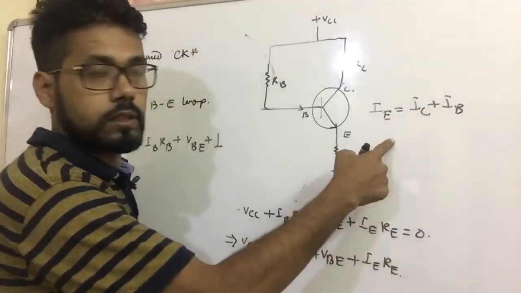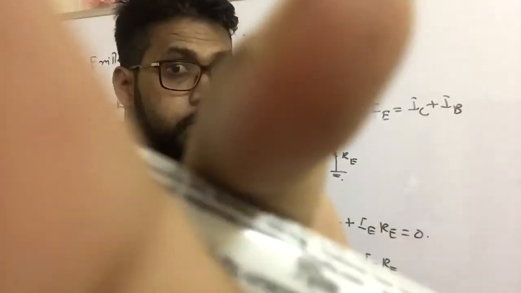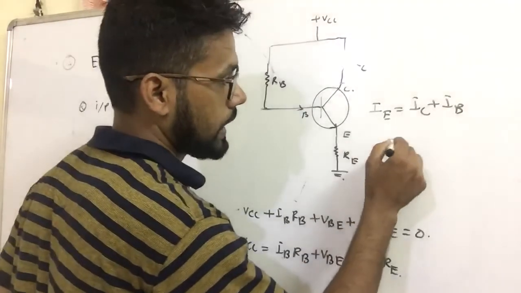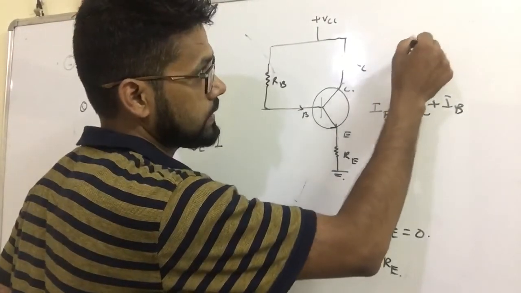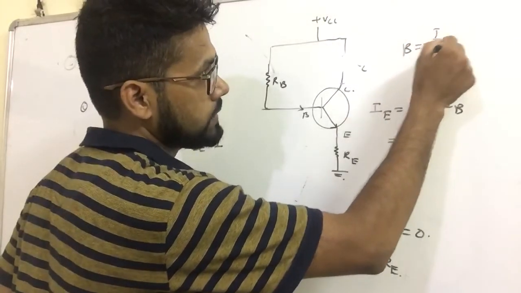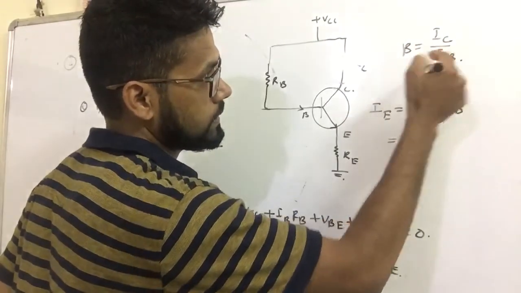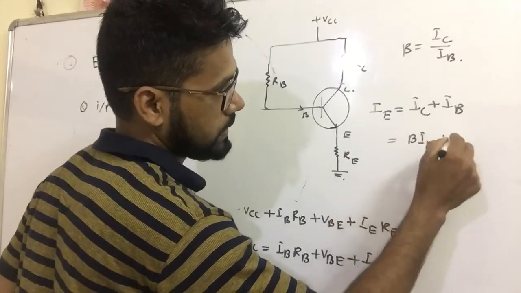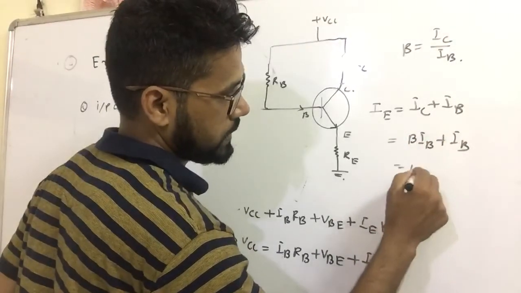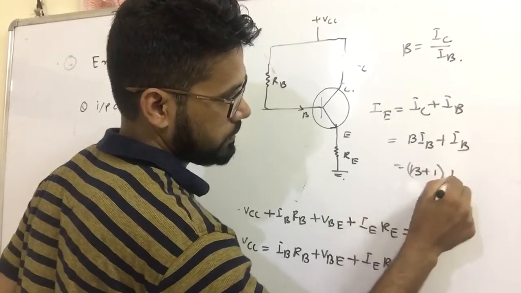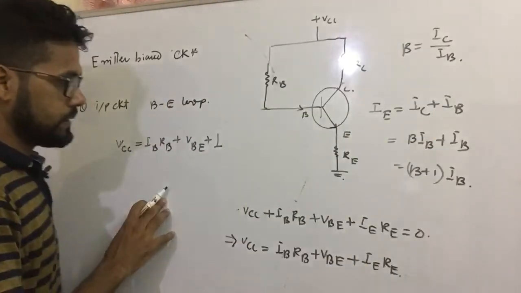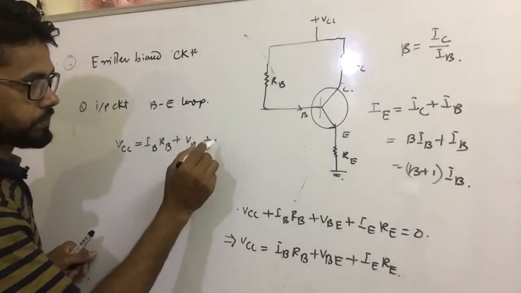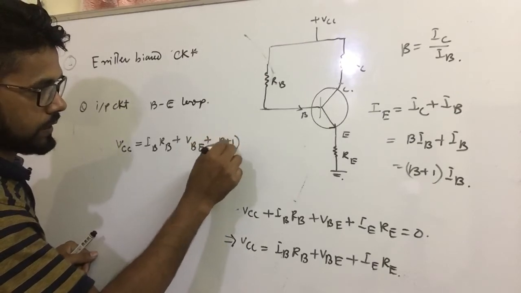This lesson you already know. IC means beta times IB, right? So IE equals beta IB plus IB, so (beta plus 1) IB. Clear? So I will replace IE with (beta plus 1) IB.